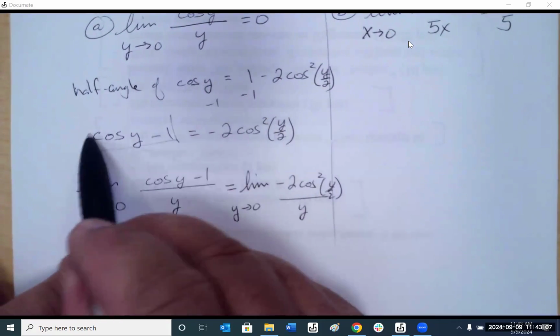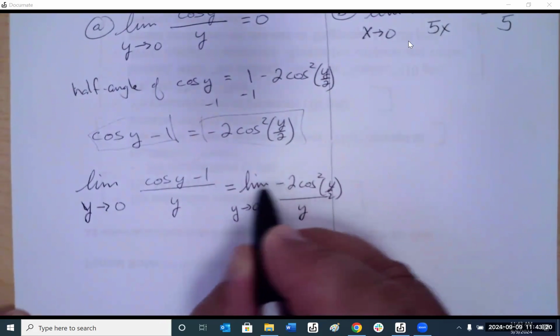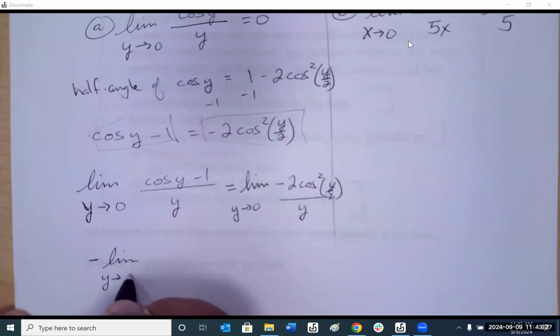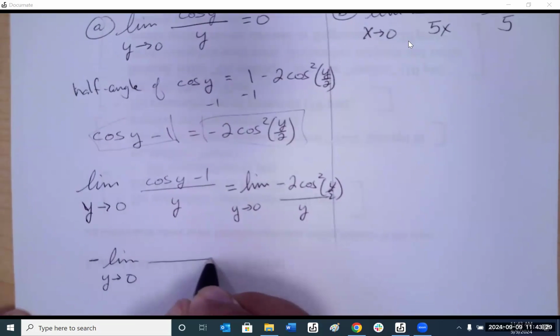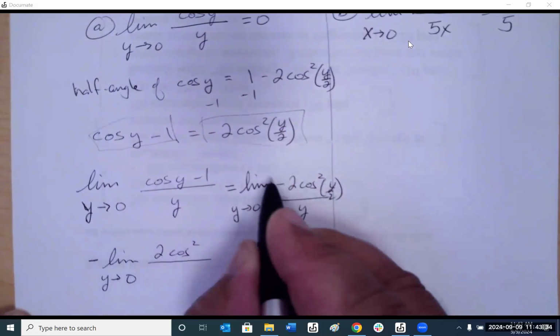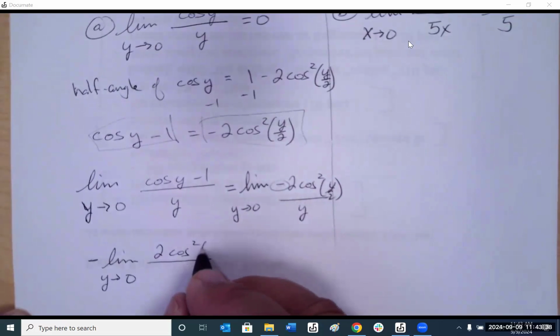So this side is equal to this side. This negative, we take it out in front of the limit. Put it in front of the limit? Well, yes, since it's a constant, you can put it in front. Actually, you're supposed to put it in front.